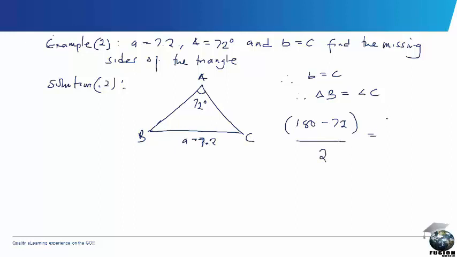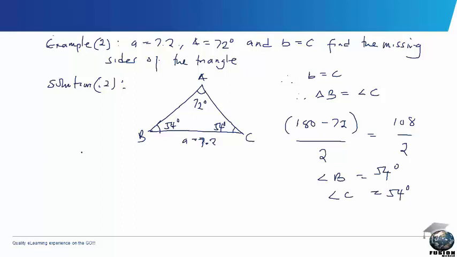So 180 minus 72 gives 108, and since angles B and C are equal, they share 108 into 2, so angle B is 54 degrees and angle C is also 54 degrees.